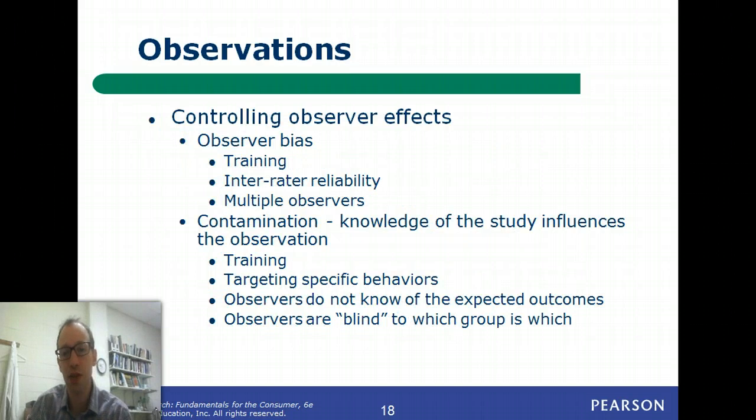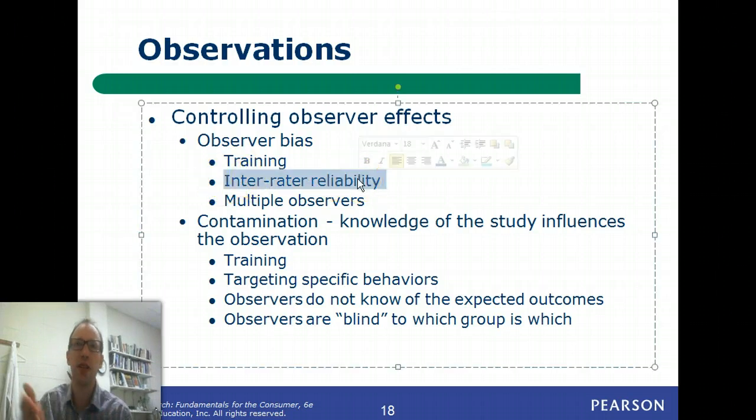Controlling some of the issues that can happen with observation. If you train the observers, interrater reliability, you basically allow different observers to observe the same thing, and then you see if they gave the same score, and then you maybe train them again and try again. Multiple observers certainly helps weed some of that personal bias out.